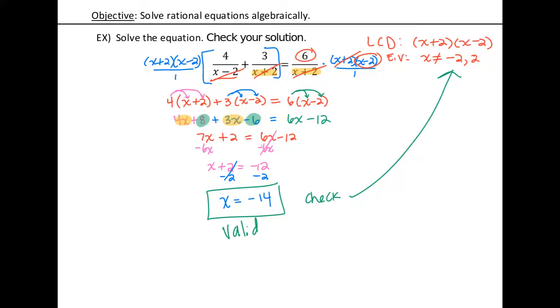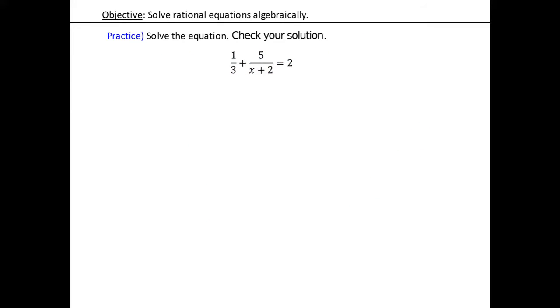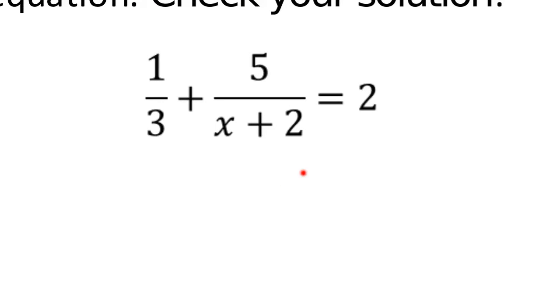All right, let's go ahead and try another example together. This is kind of more what your homework is going to look like with the whole numbers. So go ahead and copy this one. 1/3 plus 5 over x plus 2 equals 2.